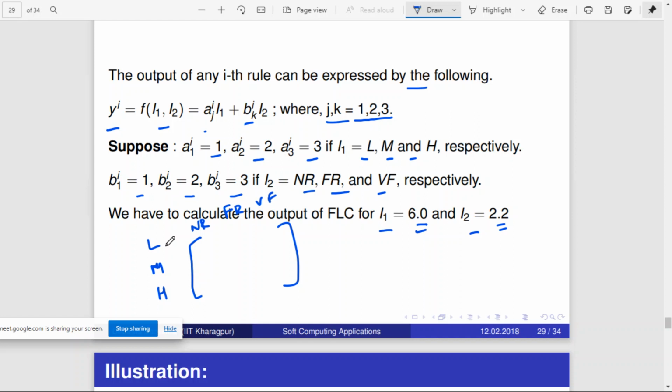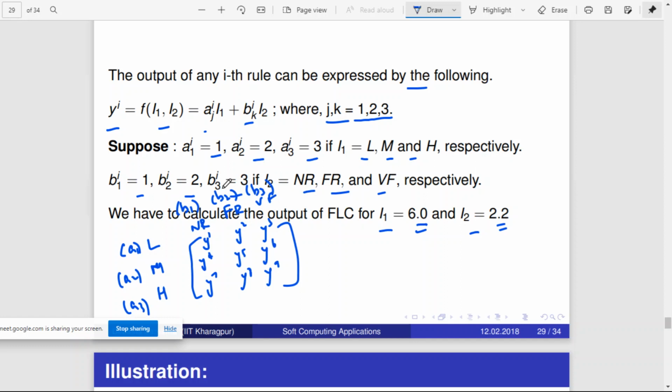So Yi is given as Aj I1 plus Bk I2. But we are assuming A1 is always 1, A2 is always 2, A3 is always 3, B1 is always 1, B2 is always 2, B3 is always 3.